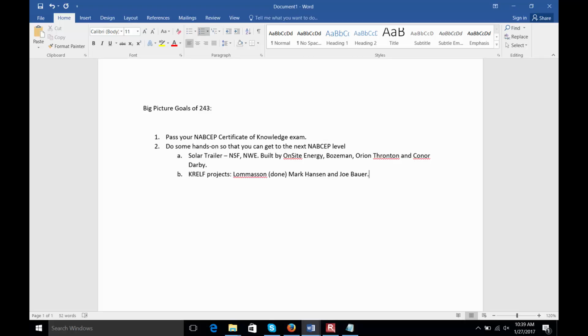So Mark and Joe said, hey, we would like to write a proposal to do a solar project. Now, very valuable, because if you're going to go out and make an estimate, you need to know where all of the boxes are, what the roof looks like, what the loads are, what the codes are, et cetera, et cetera. They wrote this, they got it, and it's up.